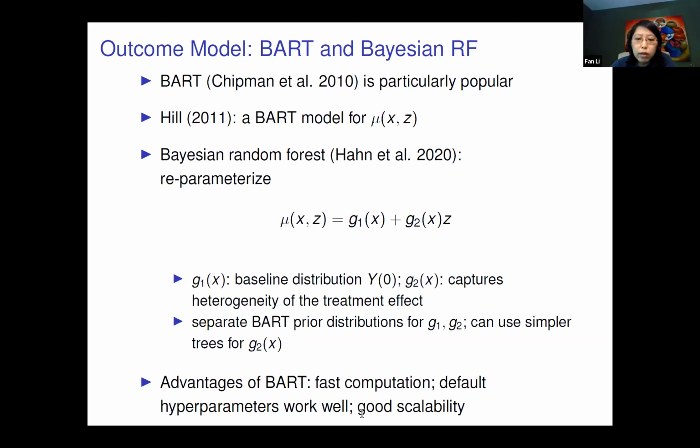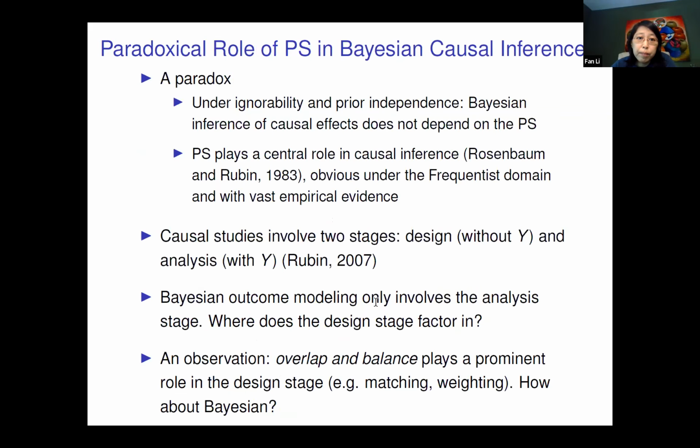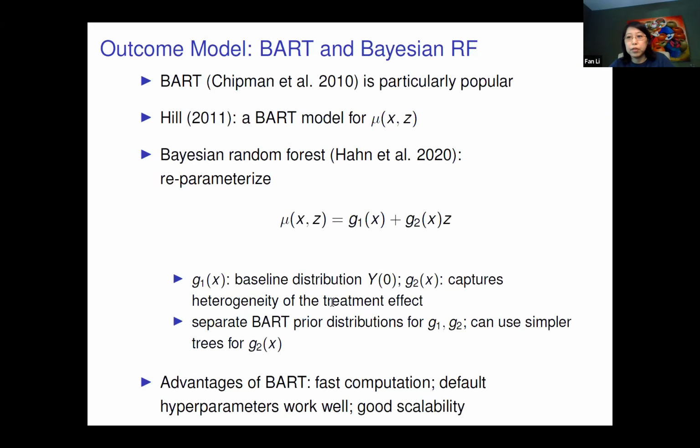It also has relatively good scalability, though I don't think it is comparable to the frequentist models, but these are already very standout in Bayesian nonparametric models. So this is the main type of model people now use to do Bayesian causal inference.